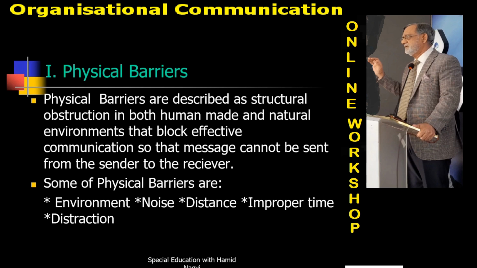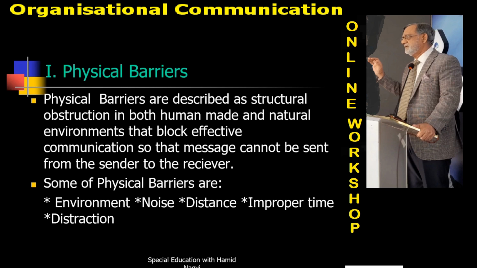In the beginning of this session, I showed you at least two photographs where there was a wall in between, and one communicator, that is the sender, wanted to pass on the message to the receiver, and that was a physical wall that was hindering the voice from spilling over to the other side.